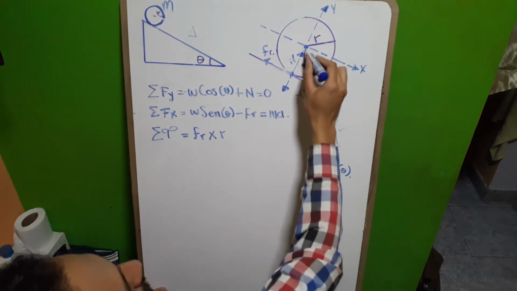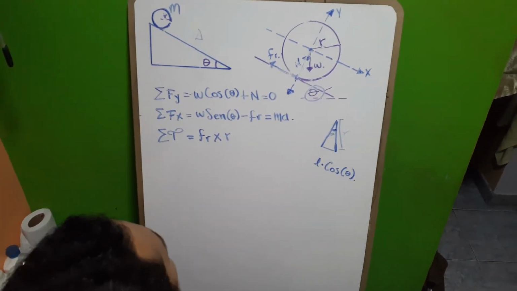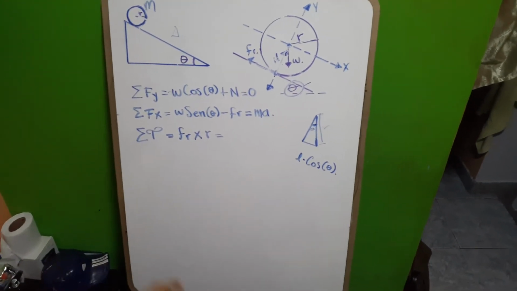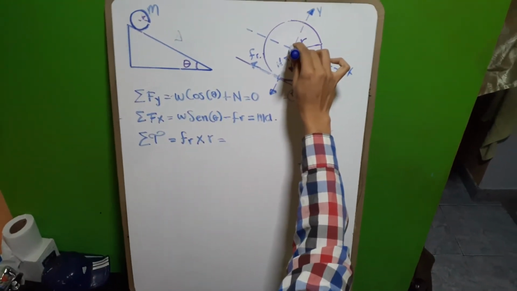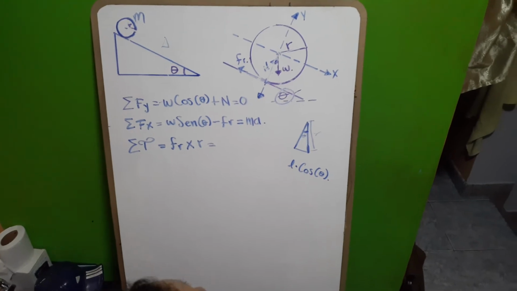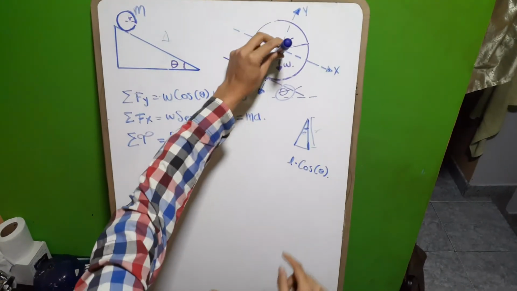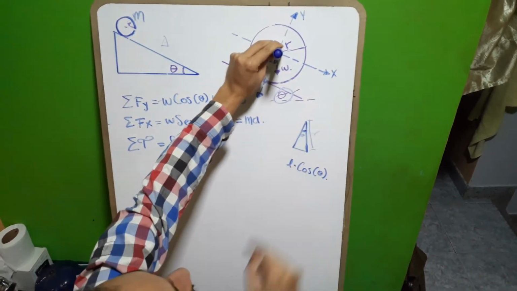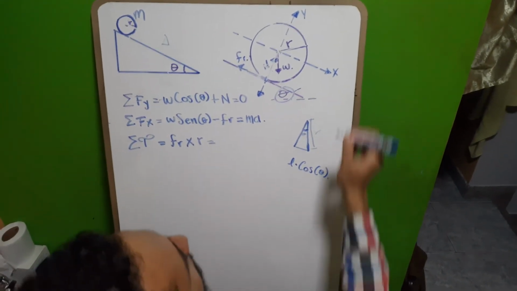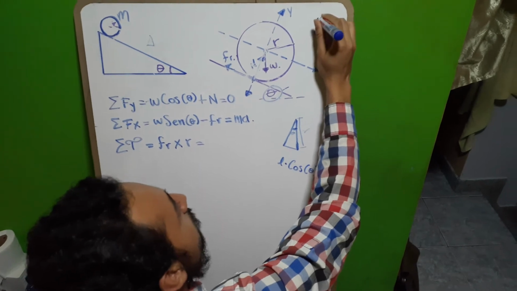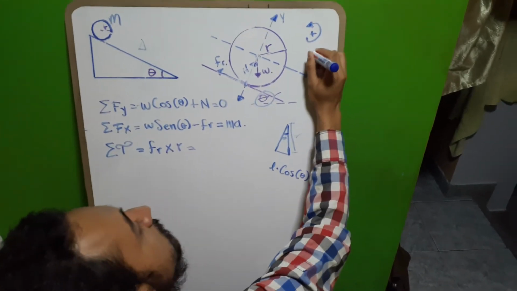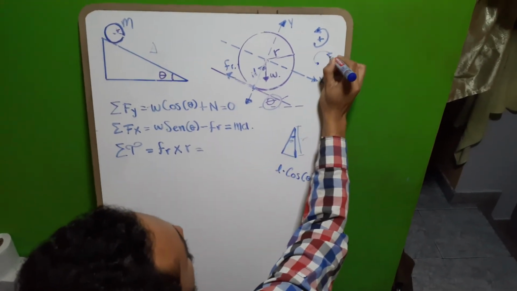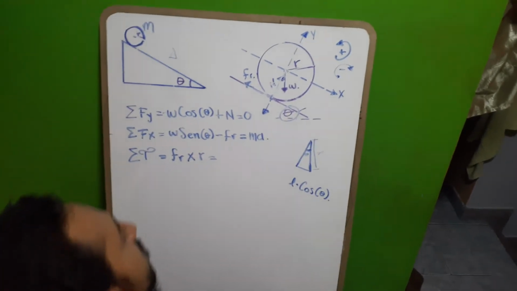This is R. Okay, and this is the axis C. At this moment it rotates in this direction. We say this is the positive direction, and this is the negative direction.